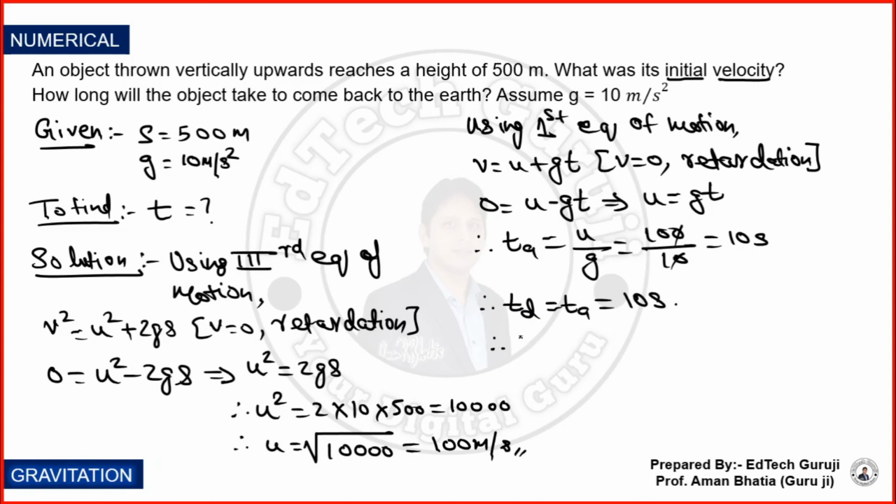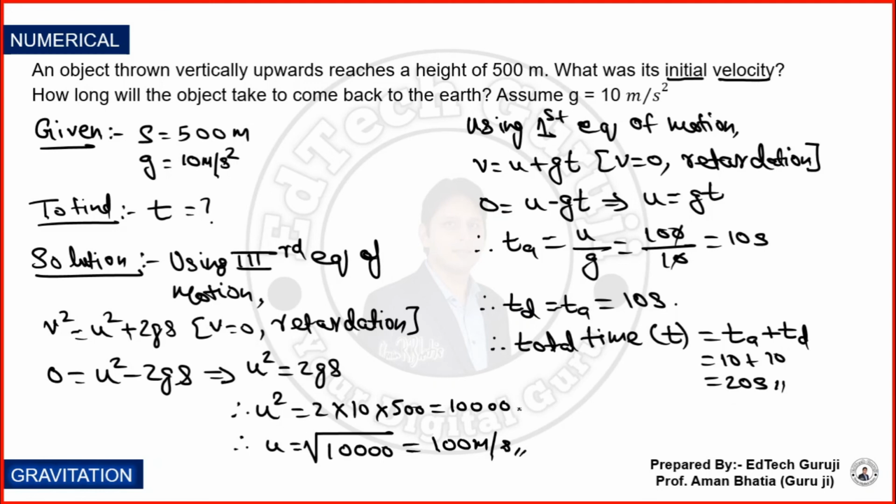Therefore total time, if our total time is t, then this t is going to be equal to ta plus td. So that is equal to 10 plus 10. Hence it is equal to 20 seconds. So the time which the body will take to come back to earth is 20 seconds.